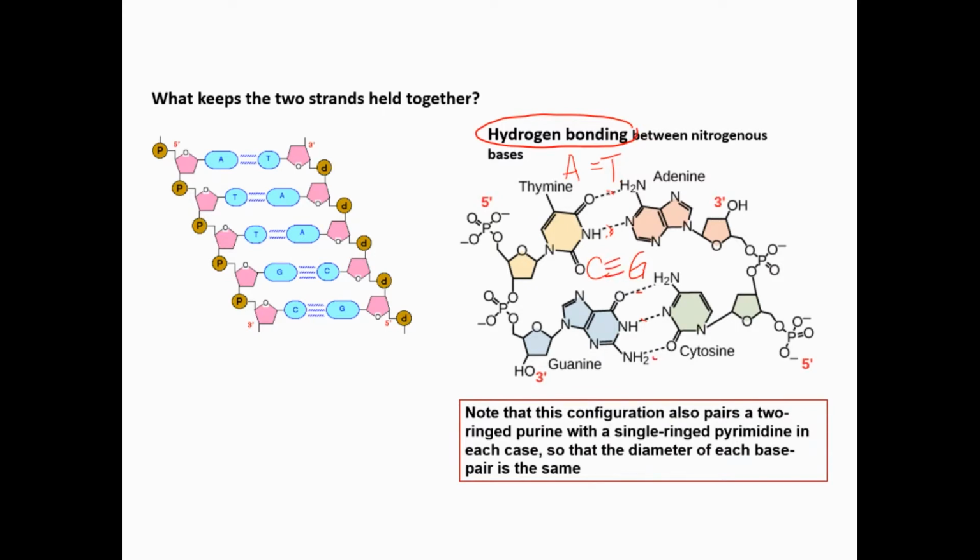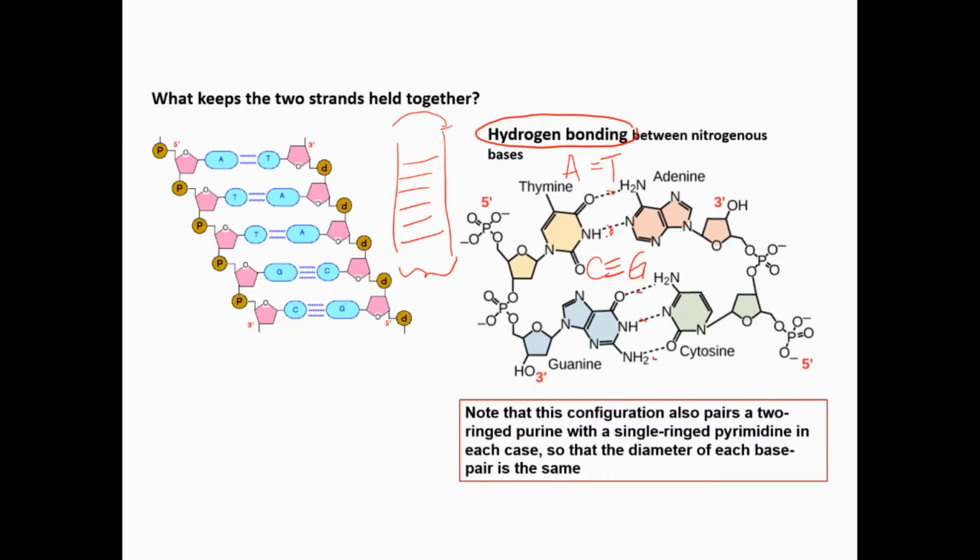So if you look at the 2 strands, this is base pairing in the middle, right? So what keeps the 2 bases connected? The hydrogen bond. Right? So why do we use hydrogen bond to keep the 2 DNA strands together? Because the hydrogen bond is strong enough to keep the 2 strands together normally, but it's also kind of weak.